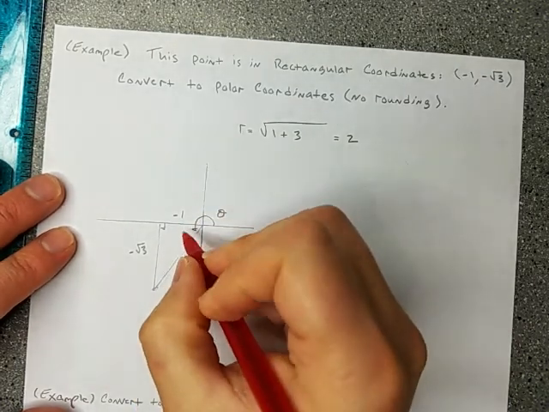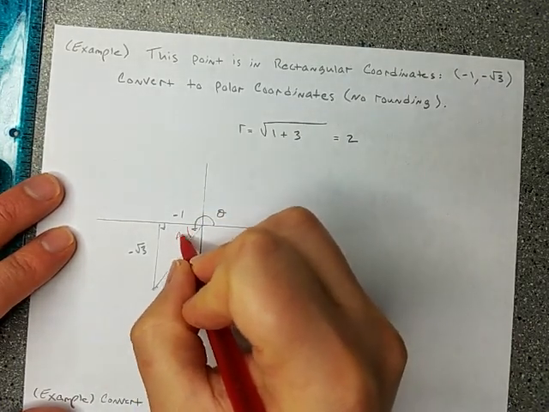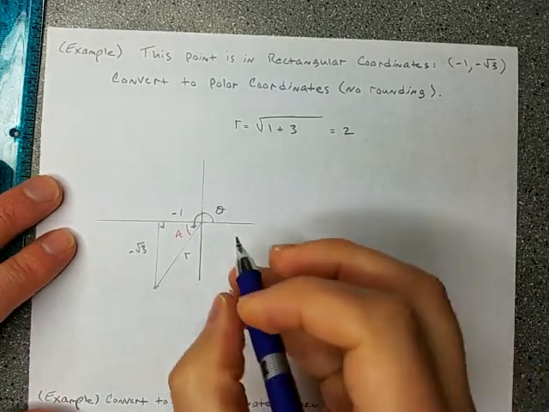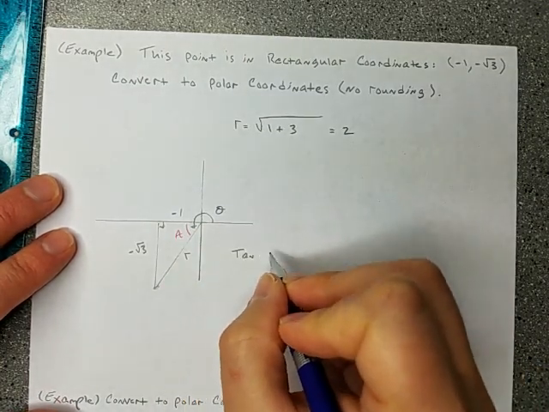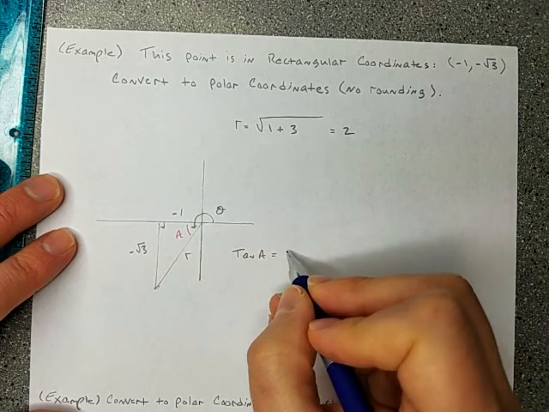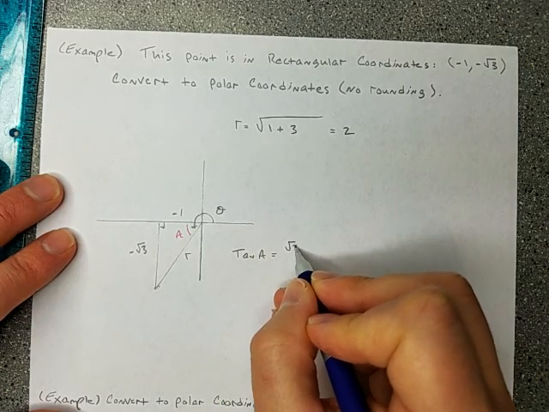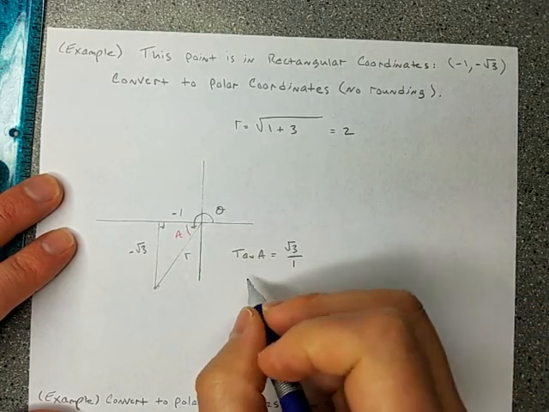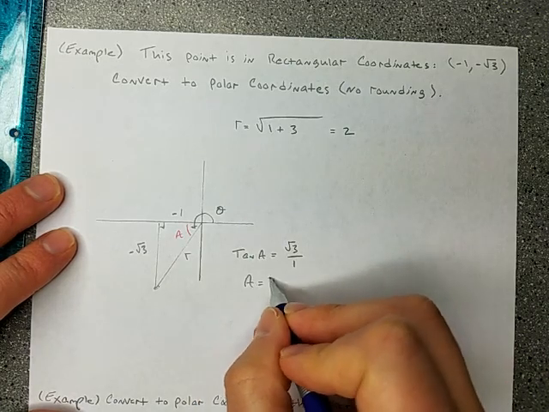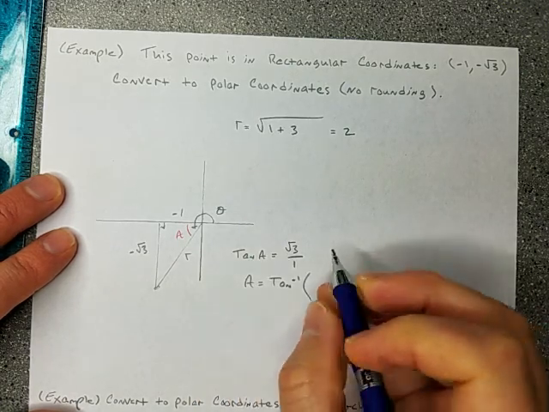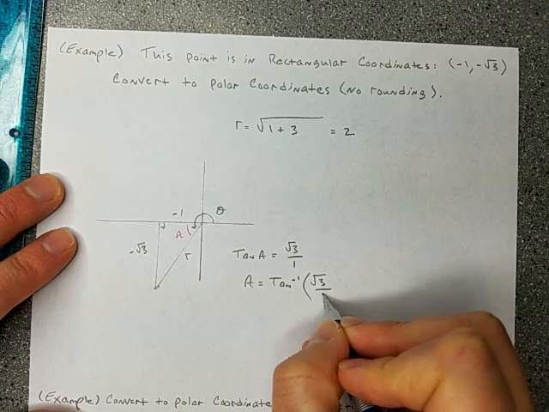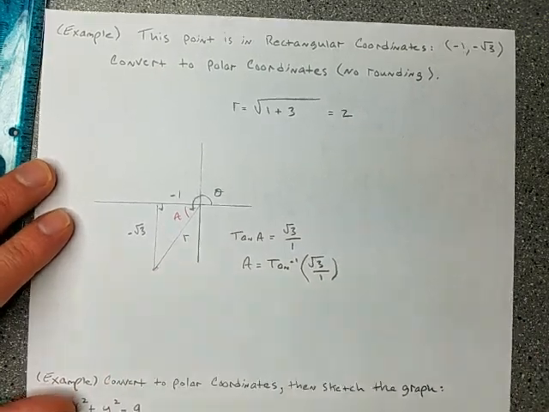I'll find theta based on the reference angle, this angle A right there in the triangle. And I can say tangent of that angle A is √3 over 1. So A is equal to inverse tangent of √3 over 1. And that just uses that triangle.